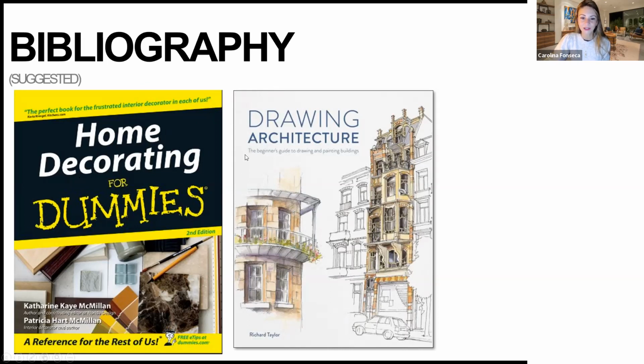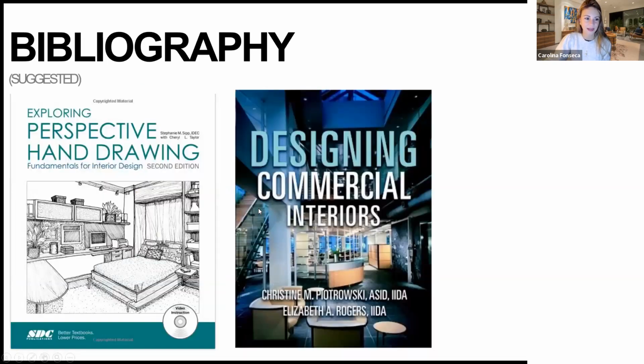Drawing Architecture, this is for beginners, and it's a great guide to drawing and painting buildings. It's by Richard Taylor. This was for perspective hand drawing, the fundamentals of interior design. If you really want to populate those perspectives, that was a great opportunity. Designing commercial interiors, that's another good one.